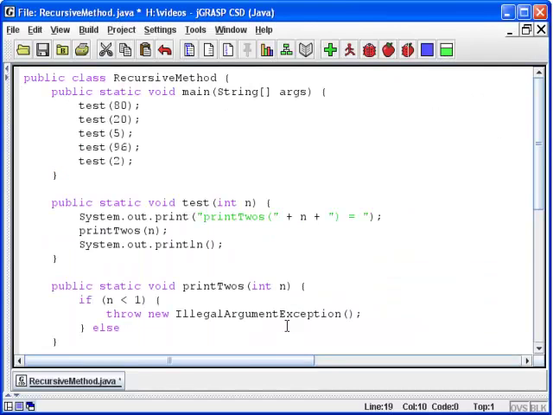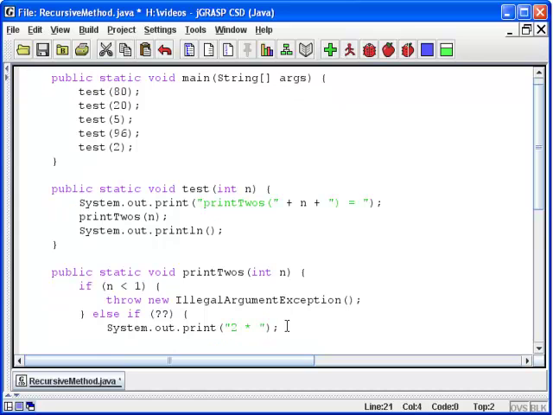The pattern involves doing a System.out.print of 2 times. So there's a 2 times at the front of this. And then a recursive call on print2s, printing a different value of n. We can make that a question mark right now.